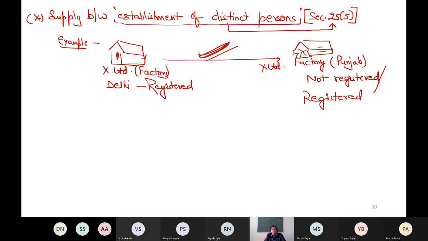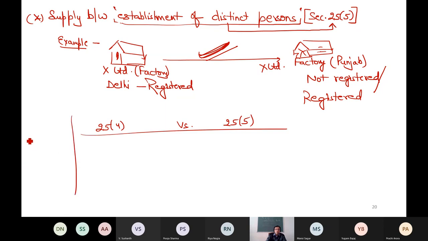So what is the difference between 25.4 and 25.5? In 25.4, registration is mandatory. States can be same or another. If you see 25.4 versus 25.5, the main point is what? Here I use the words distinct persons. In 25.5, I use the words establishment of distinct persons.